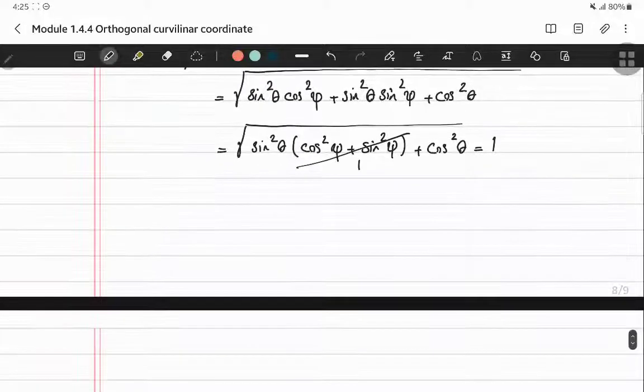Then we have h theta, the partial derivative of r with respect to z theta.